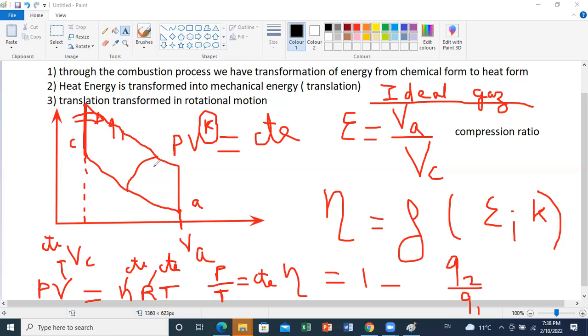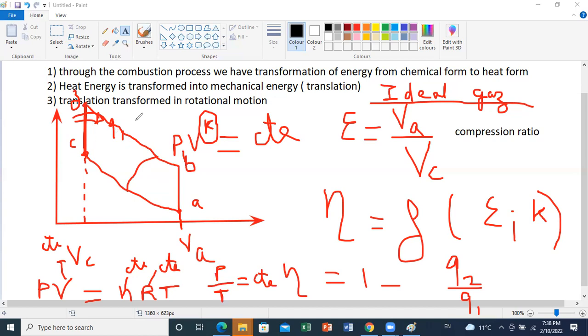So if I take the two limiting points, let's say I call this point A, this is C, this is point Z, and this is called B. Because P over T is constant for this process of combustion, then I can write that PZ over TZ is equal to PC over TC.